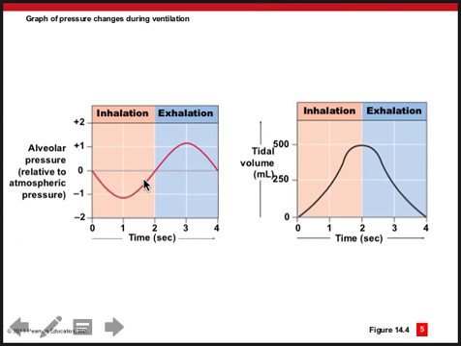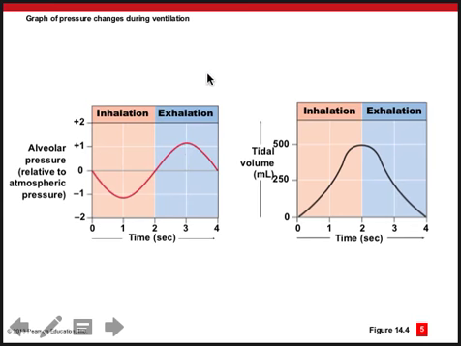And then when we exhale, the muscles of inspiration relax, and the increase in pressure in the thoracic cavity will force the air out. And so we get to an alveolar pressure that's very high, and the result now is that the volumes inside the lungs begin to drop.